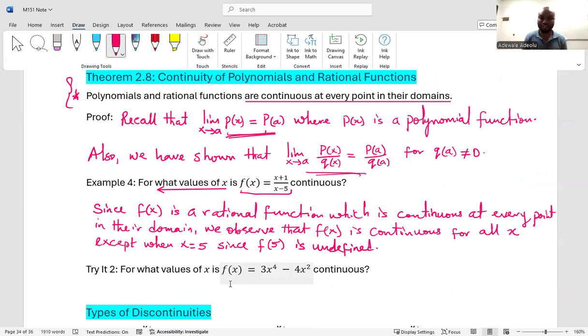For a rational function, when you have a polynomial over another polynomial, we need to be careful so that the bottom will not be 0. In that sense, we say that rational functions are continuous at every point in their domain. For this problem, 5 is not in the domain of that function, so that is why we remove it. We say this function is continuous at every other point.